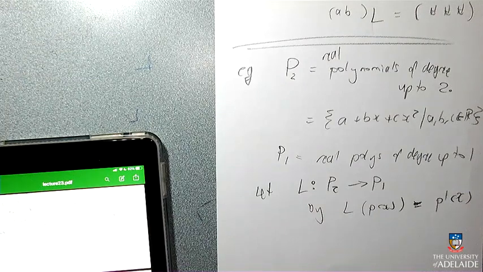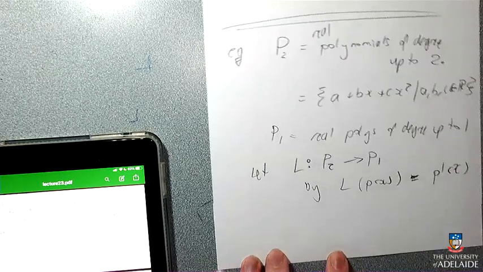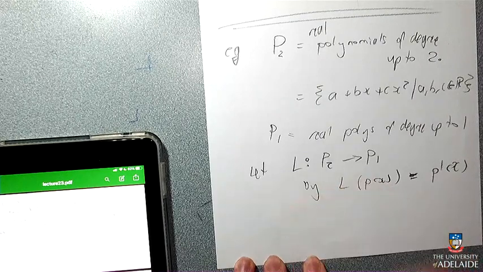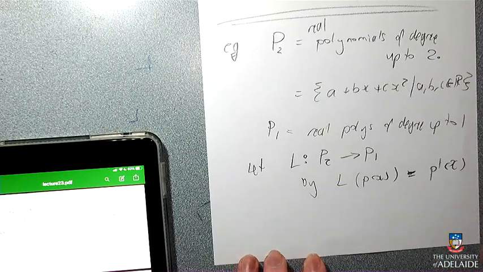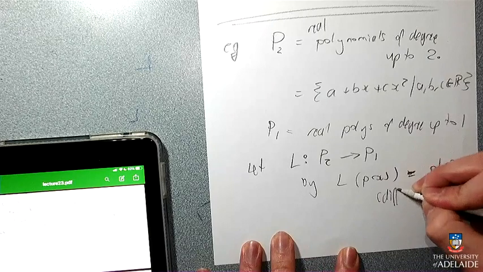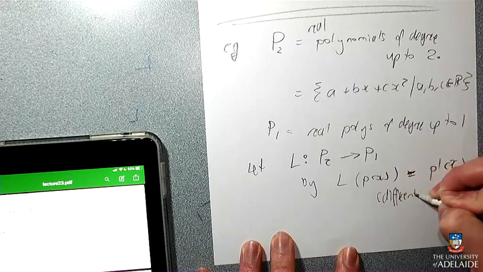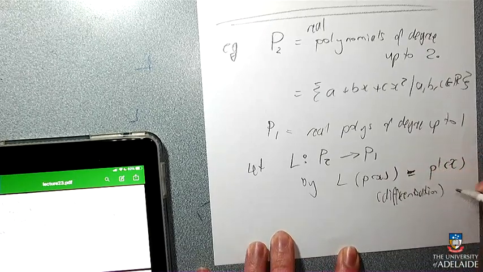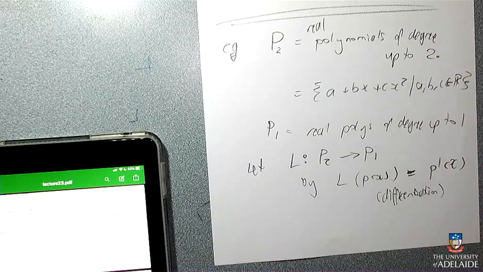So, okay, that's just differentiation. It's a perfectly good linear transformation that goes from the degree 2 polynomials to the degree 1 polynomials.